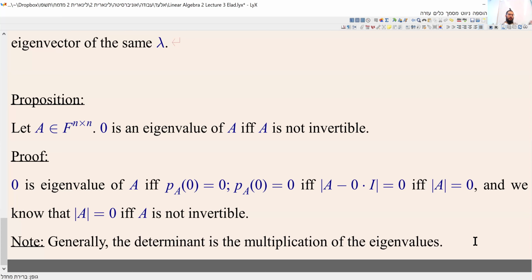First of all, about the phrasing, one can say non-invertible. For the phrasing, you can say singular. Singular means non-invertible. And for notation, do we have a notation for an invertible matrix? We don't.